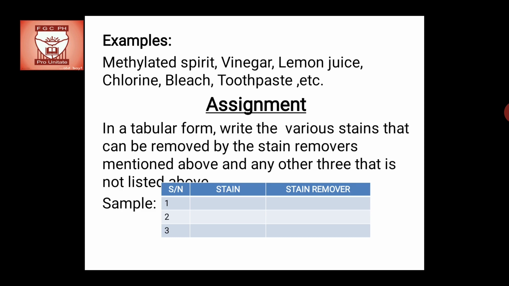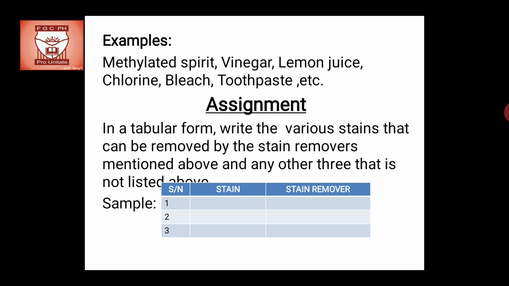Now, before we round up, I want to mention some stains that we can see on a daily basis. We have iron stains that we get when you're ironing your clothes. This one you can remove by the use of toothpaste and even vinegar.